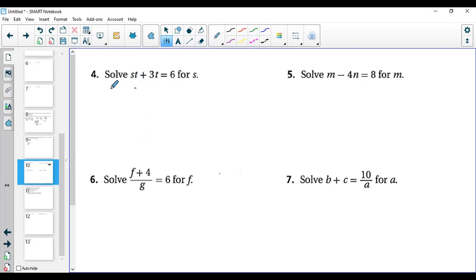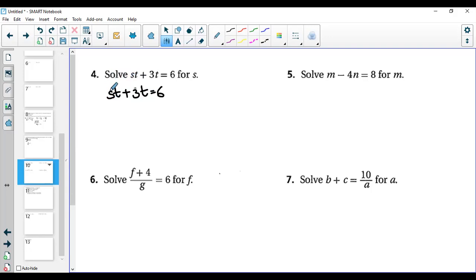Okay, so the question says ST plus 3T equals 6. So we are solving for S. Oops, we have to write 6 there. Okay, so we have to solve for S. Now S and T are together, which means S multiplied by T. But before we do anything with S and T, we have to remove something which is not related to both of them at all.